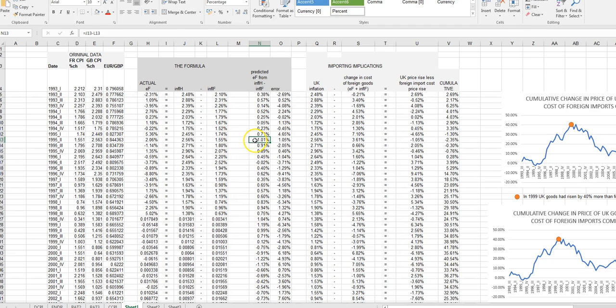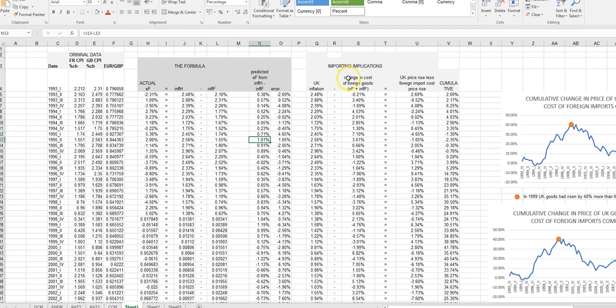So there's a prediction that the value of the euro should increase by 1% for PPP to hold. In fact, it increased by 2% more or less, which means that we have a 1% error. It underpredicted by 2%. So putting a little asterisk and explaining that value from your table helps the understanding as to exactly what you're referring to.